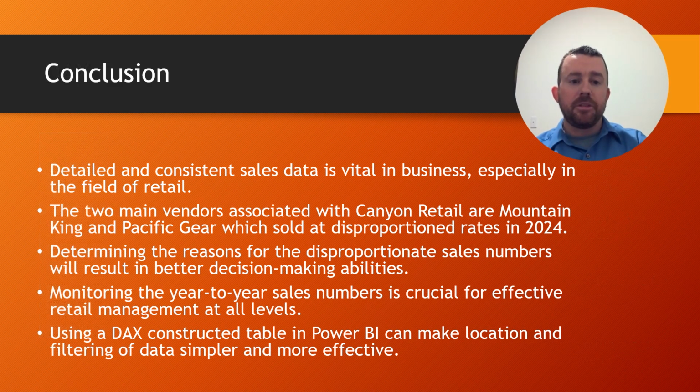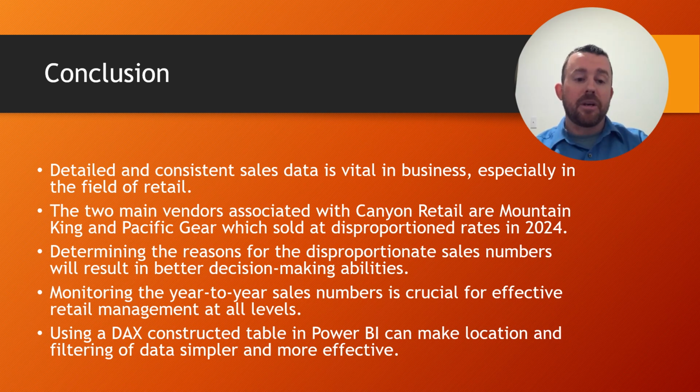In conclusion, we've gone over all the bar charts, the sales numbers, and some of the reasons why some of these numbers are the way they are. We've gone over the two main vendors, Pacific Gear and Mountain King, where clearly one sells much more than the other because there are more of those products.